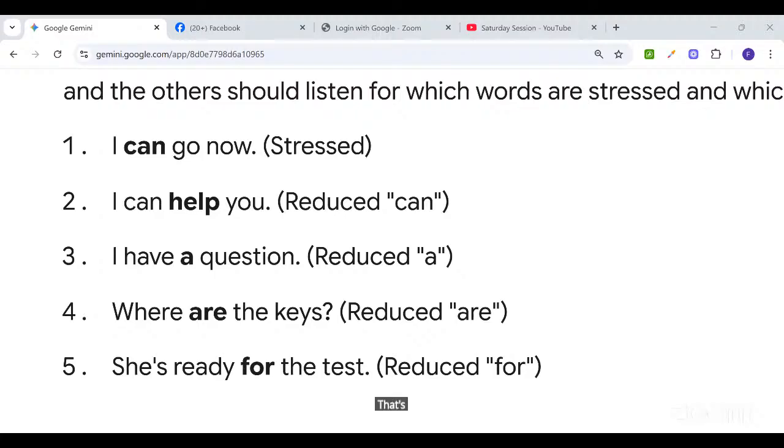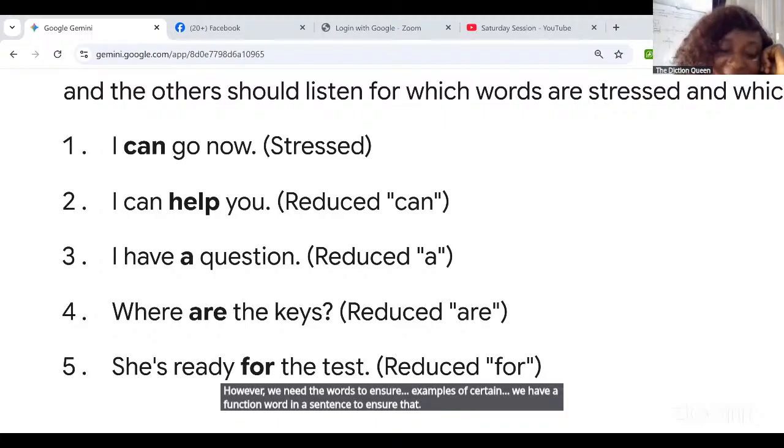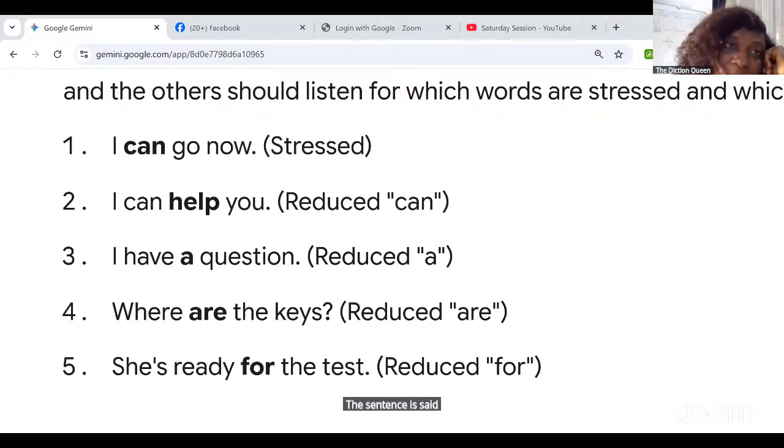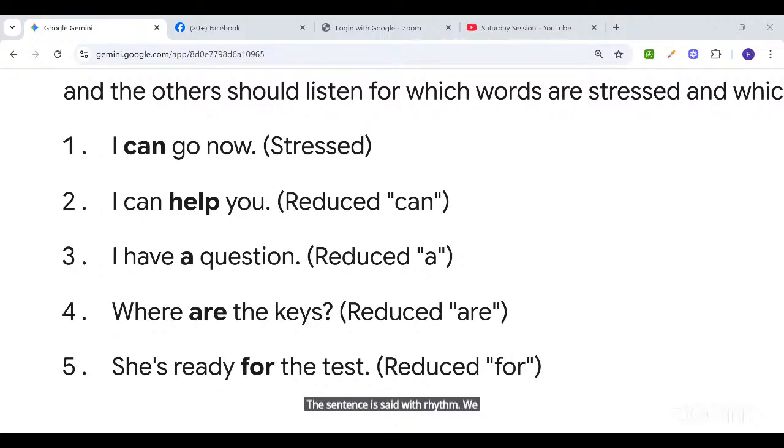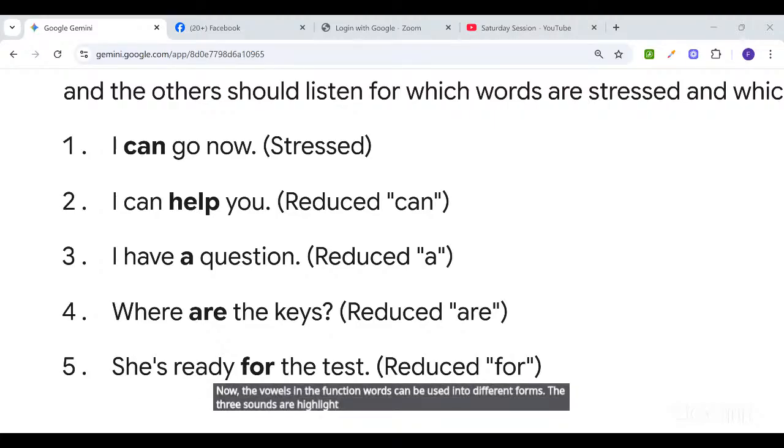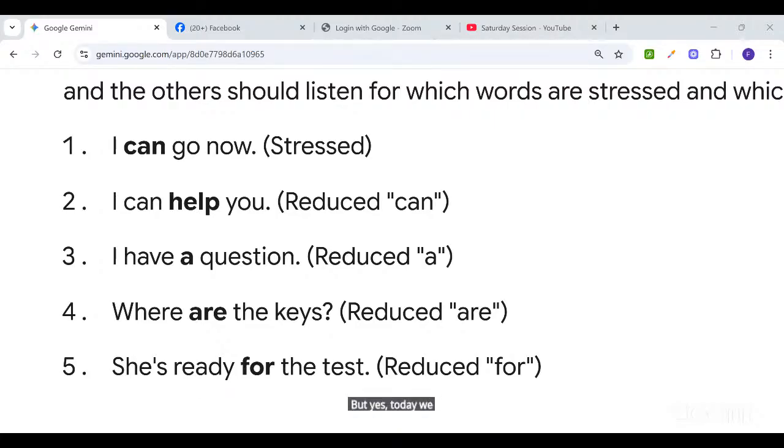When we have a function word in a sentence, to ensure that the sentence is said with rhythm, we should reduce the vowels in the function words. Now, the vowels in the function words can be reduced into different forms. The 3 sounds were highlighted earlier, but yesterday we emphasized the Schwa sound.